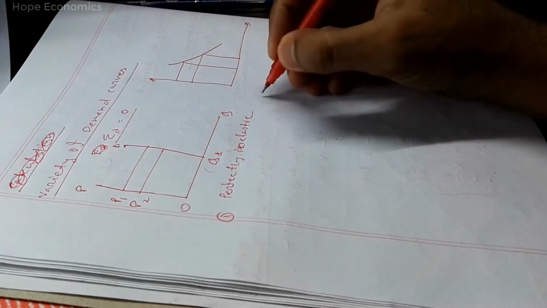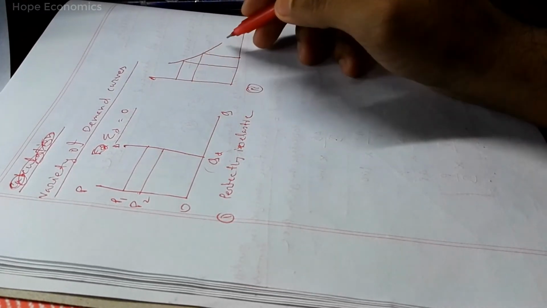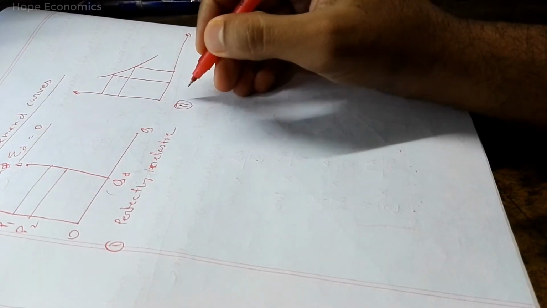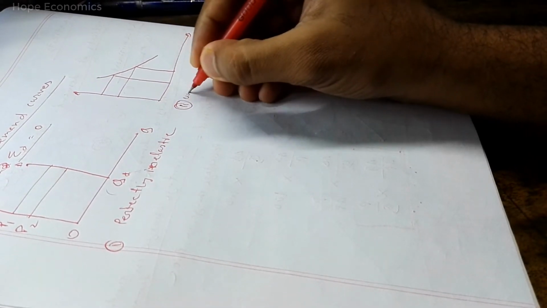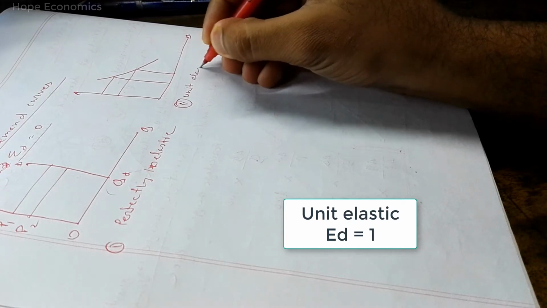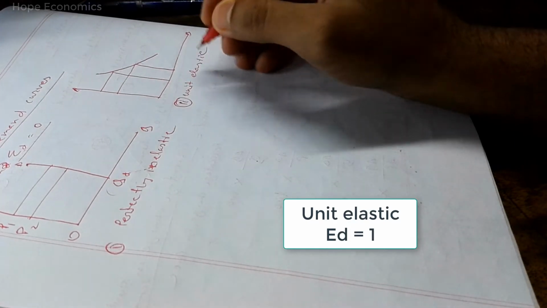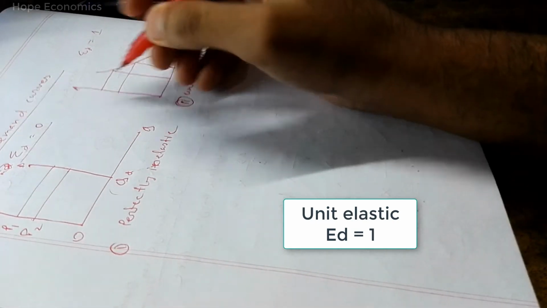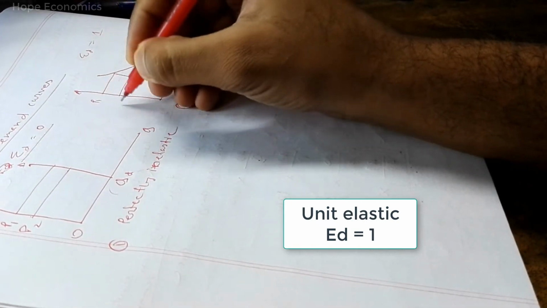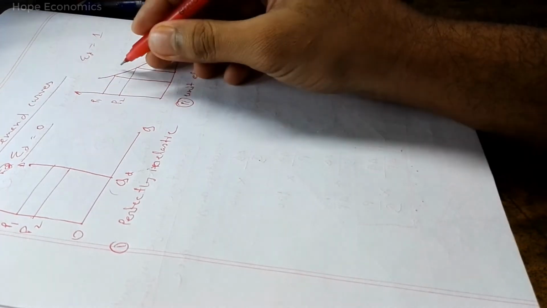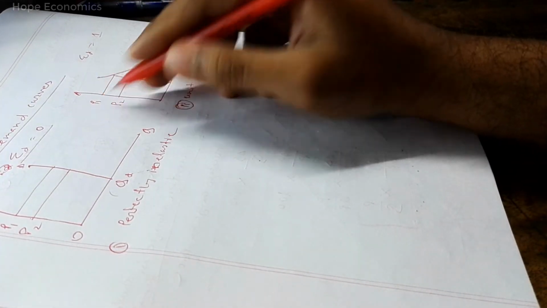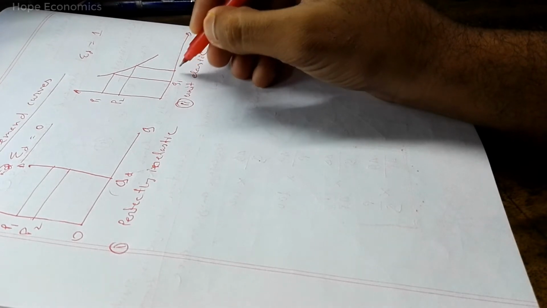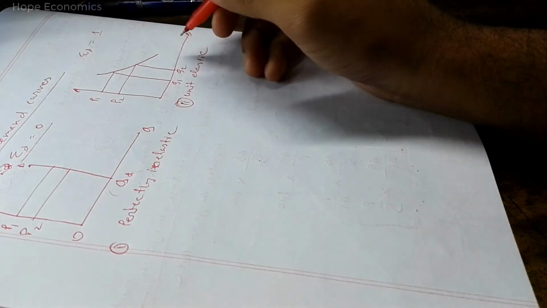Sorry, the second one I'm going to mention, because this is much flatter, I'm going to say it as unit elastic, where ED is equal to 1, because as we can see, the difference of P1 and P2 actually didn't affect the quantity demanded.